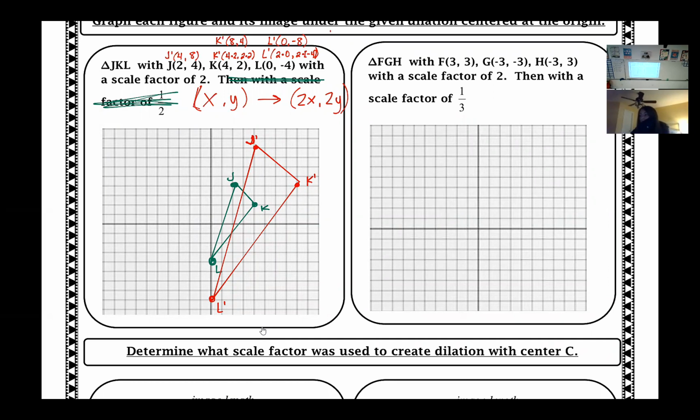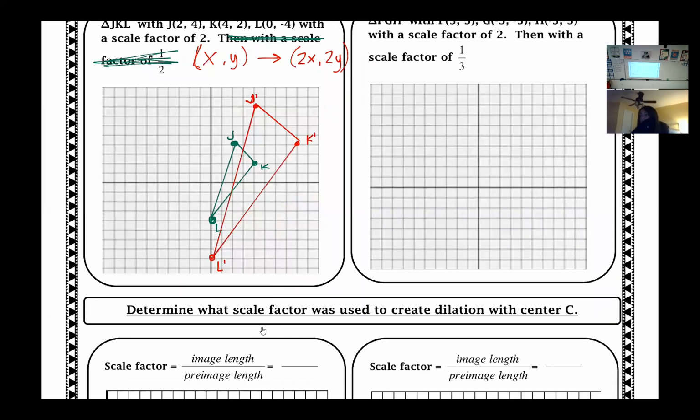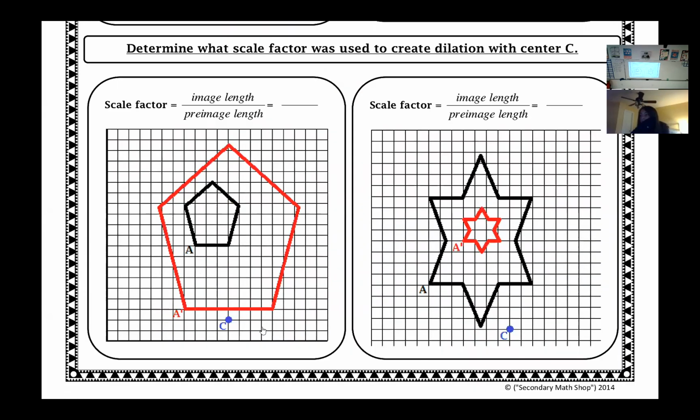All right, let's do one more together, and then I'm going to let y'all do the other two by yourself before y'all start your homework. So down here at the bottom, determine what scale factor was used to create the dilation. So we need to find a common side. The easiest sides are going to be either straight up vertical or straight up horizontal.